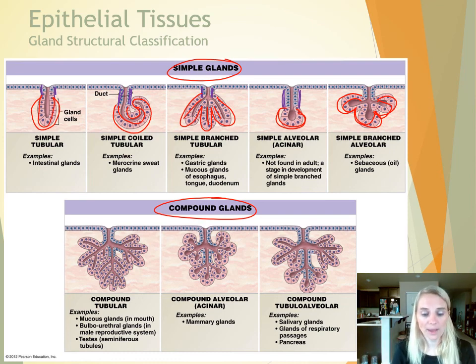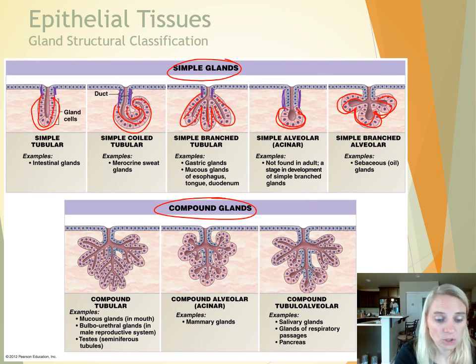And then for compound glands, the reason why it's called compound glands is because there's more than one collection of duct cells. Now, there really is just one duct to the surface, right? We can see that there's just one duct. However, if we look close enough, there's other collections of duct cells, right? Those are not secretory cells. They don't secrete, they just structure.